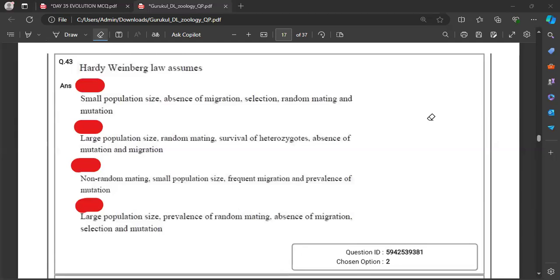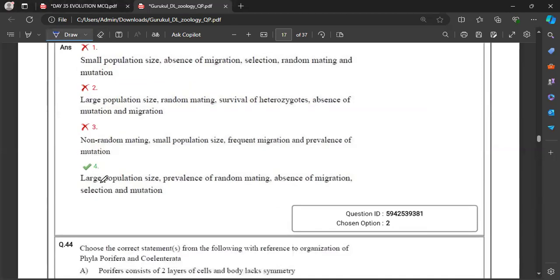Whether there has to be migration or no migration, mutation or no mutation. And that will be larger population size, prevalence of random mating, absence of migration, and absence of mutation.